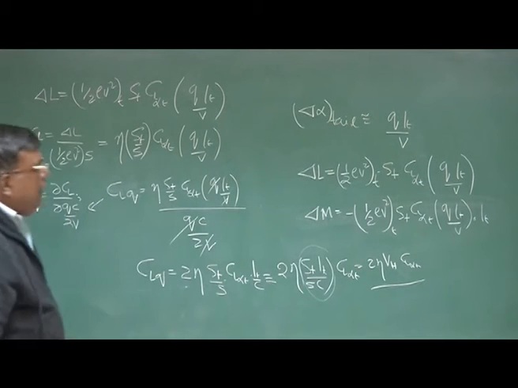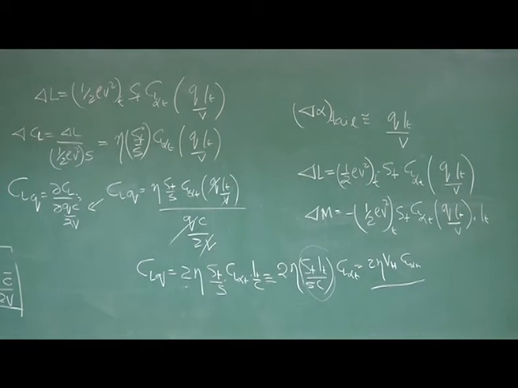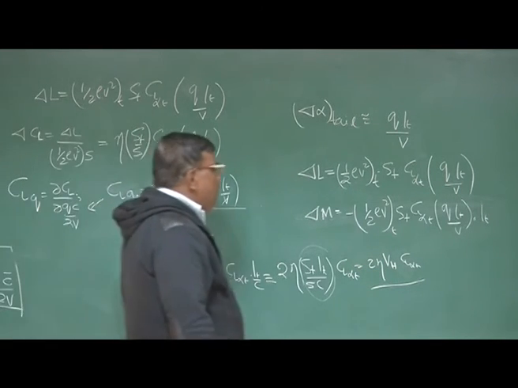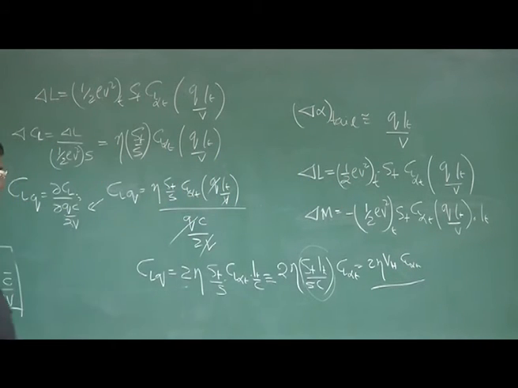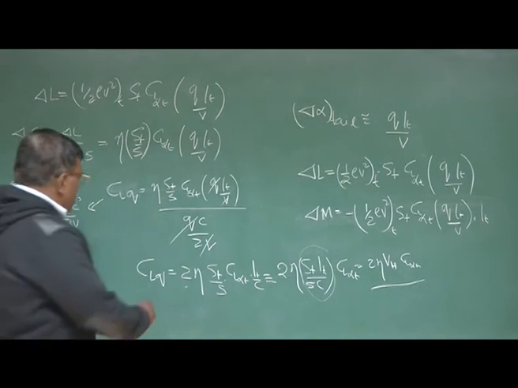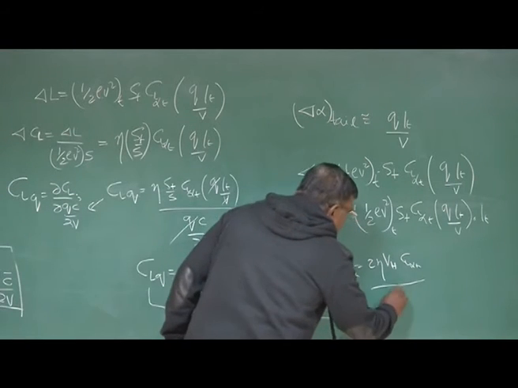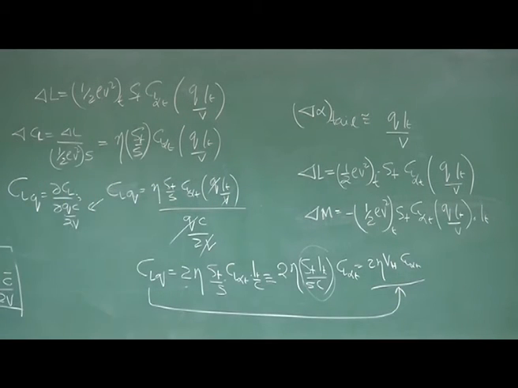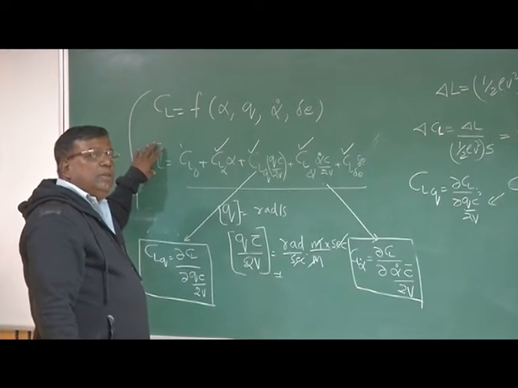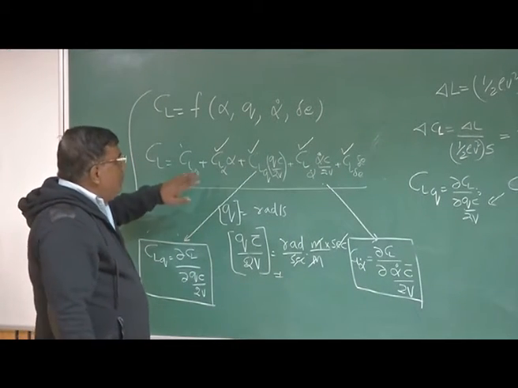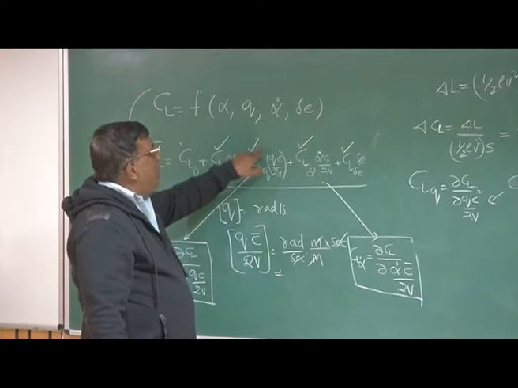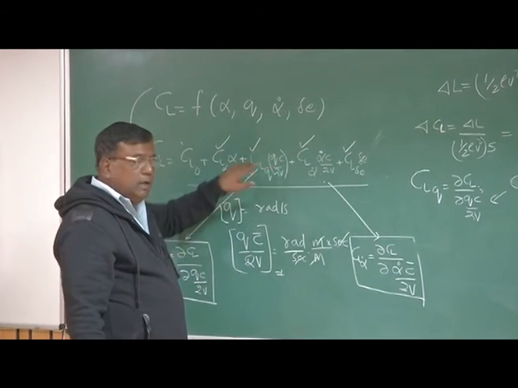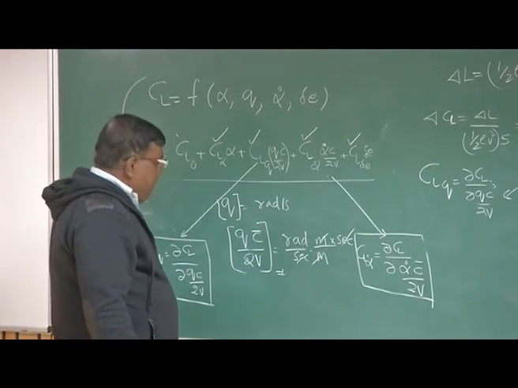The message is, if I know the tail volume ratio, if I know CL alpha of the tail and eta will be around 1, I can easily calculate CLQ, because CLQ is equal to this expression. Why do I want to find CLQ? Because I want to know what is the CL during the flight when there is a Q. So if I know CLQ, and if I measure the value of Q, I can find how much is the contribution here, right?